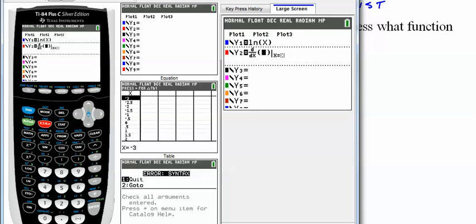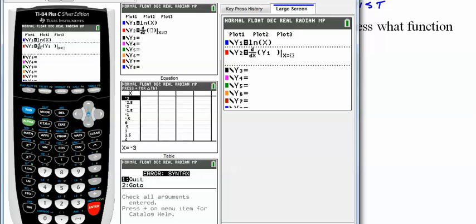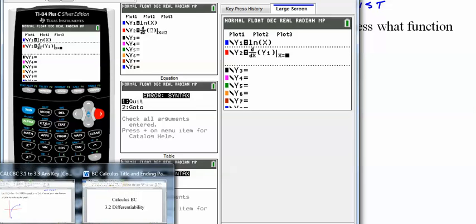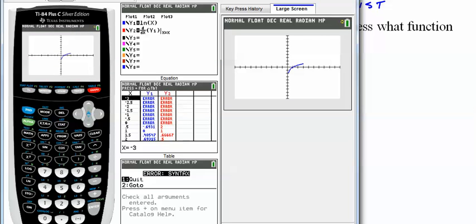Now I'm going to have a little fun here. Alpha, let me try this one. I think it's over there. Yeah, I can plug in y1, meaning natural log of x. I could also have plugged in natural log of x on my own, but I thought I'd be goofy there. And we put in x, so that it'll graph the function. It's not a specific point. We hit graph. There's our natural log.